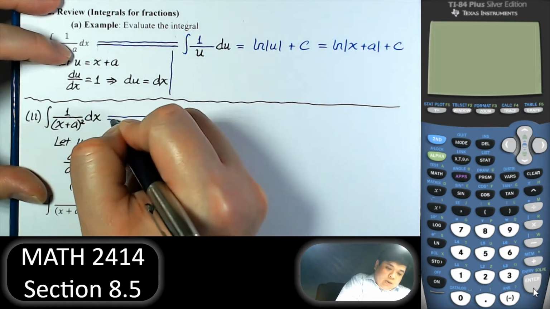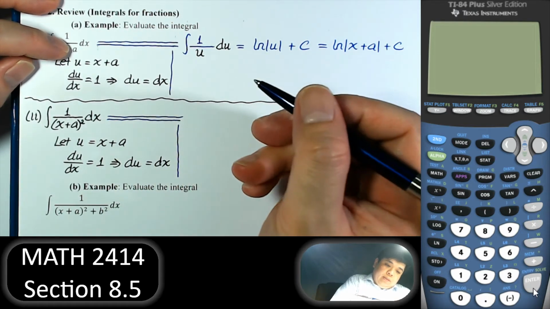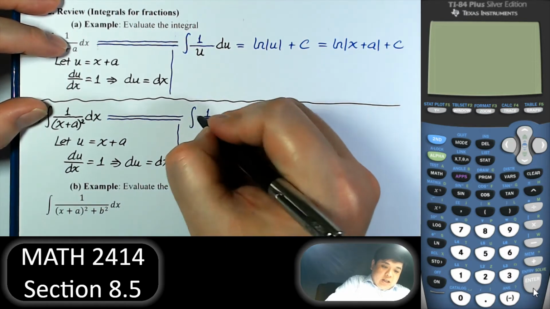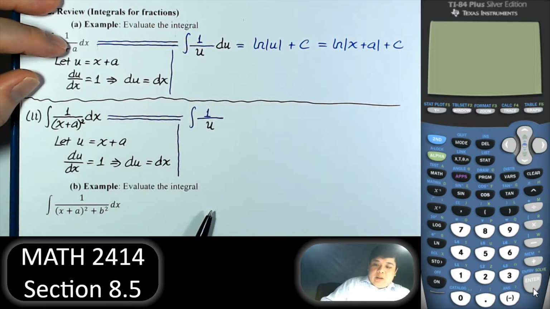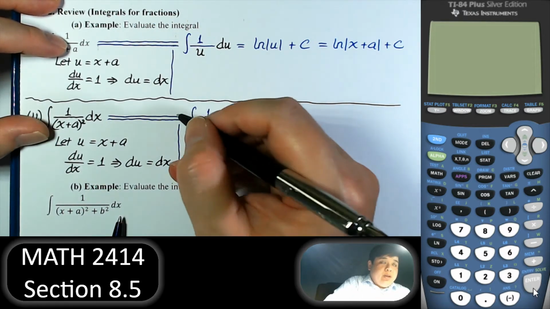That equals the integral of 1 over x plus a, which is u squared, dx is du.